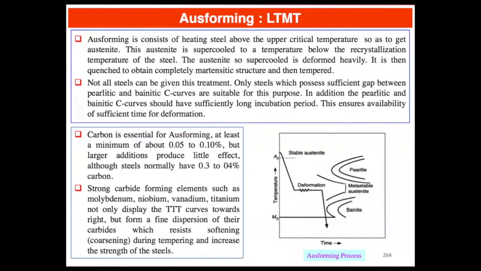Secondary phase particles. So this LTMT, or ausforming process, is vital to getting really high degrees of secondary hardening, secondary strengthening out of steels with strong carbide formers, because we can nucleate a very fine dispersion of carbides at the grain boundaries.